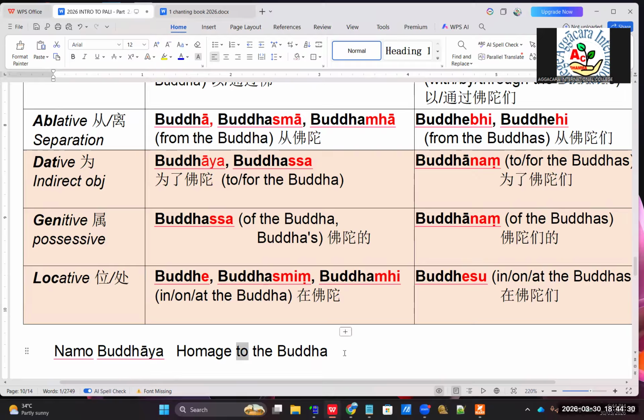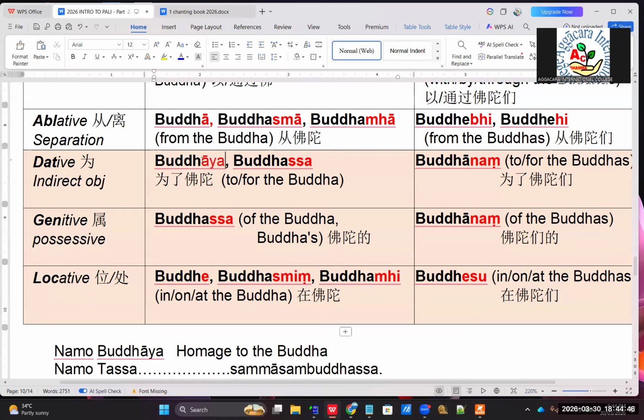Or another way to remember, you remember Namo Tassa, Bhagavato, Arahato, Samma Sambuddhasa. So this is Sa, and this is Ya. Both mean to or for. So homage to the Buddha. So Buddhaya, Buddhasa, Buddhanam.